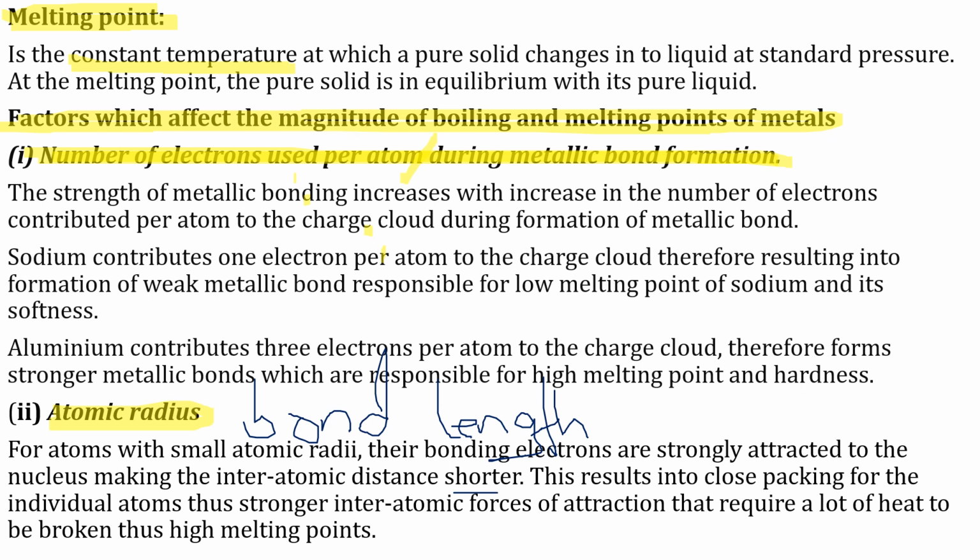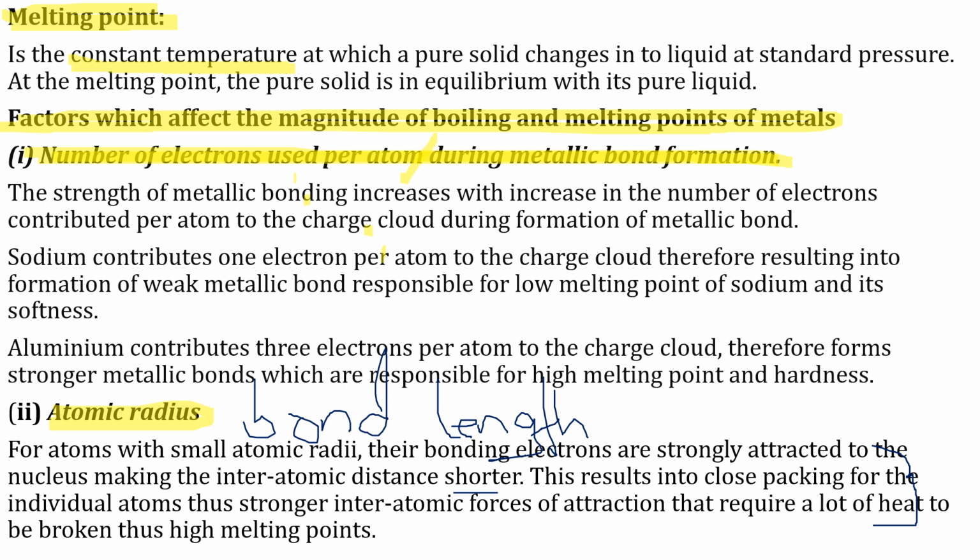The explanation here might be more complex, but try to summarize what I'm giving you. If the atomic radius is smaller, there will be a shorter bond length between the individual atoms. That means that if the bond is shorter, it will be stronger, and more energy will be required to break such bonds.